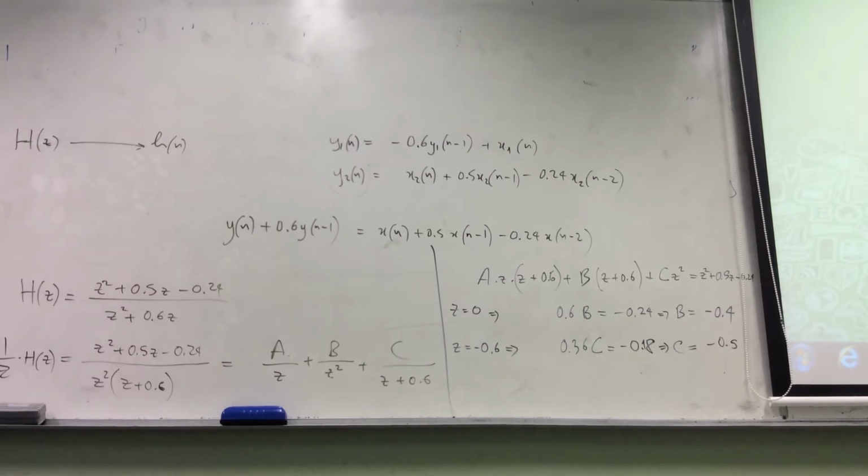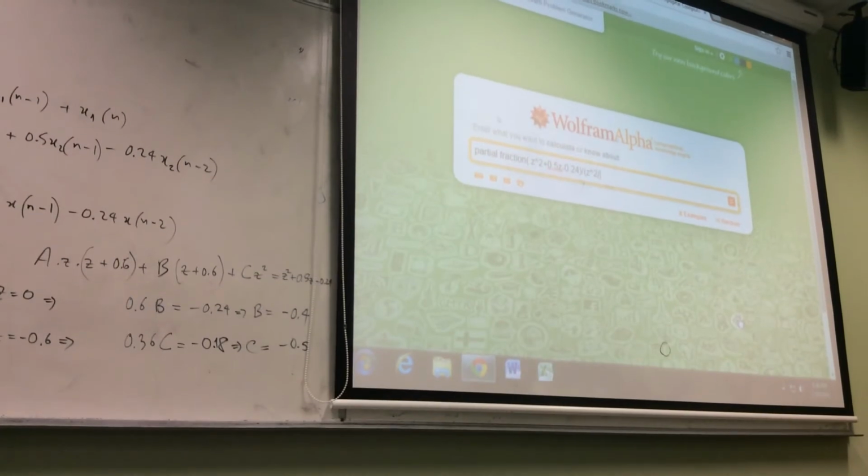Alright, you can check here. Partial fractions of z squared plus 0.5z minus 0.24 divided by z squared times z plus 0.6.